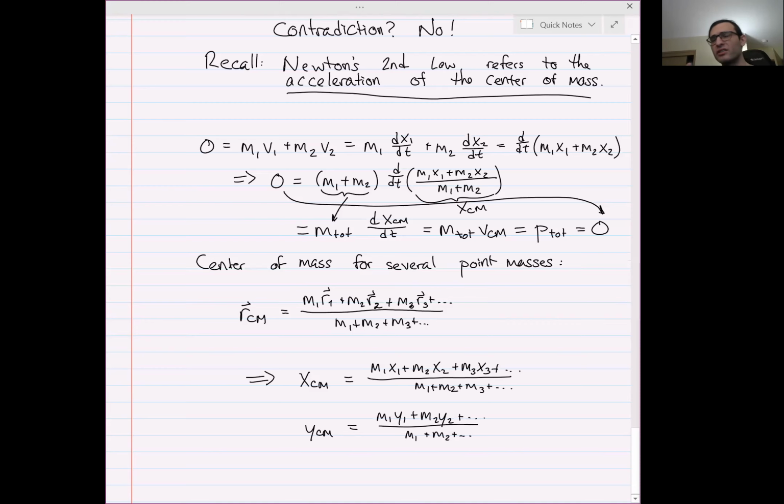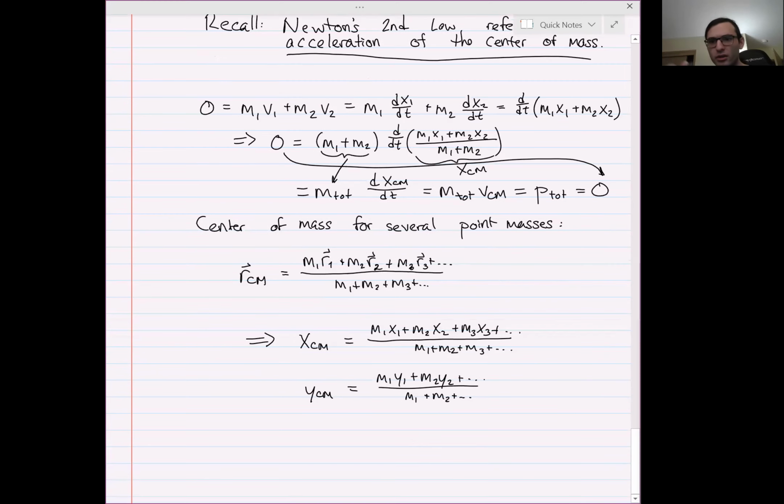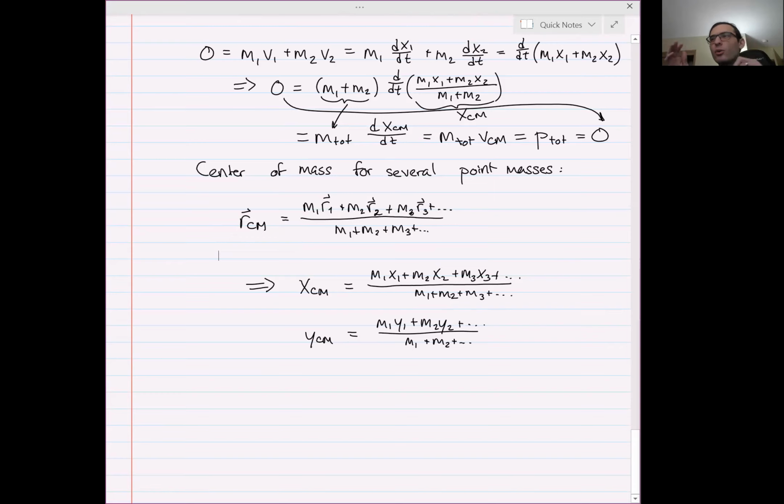And so the point is you can define a position in space, the center of mass position, also known as R_CM, that tells you basically where the center of all of the mass is. So it's almost like an average of all of the positions of the objects, but the average is weighted by the mass.